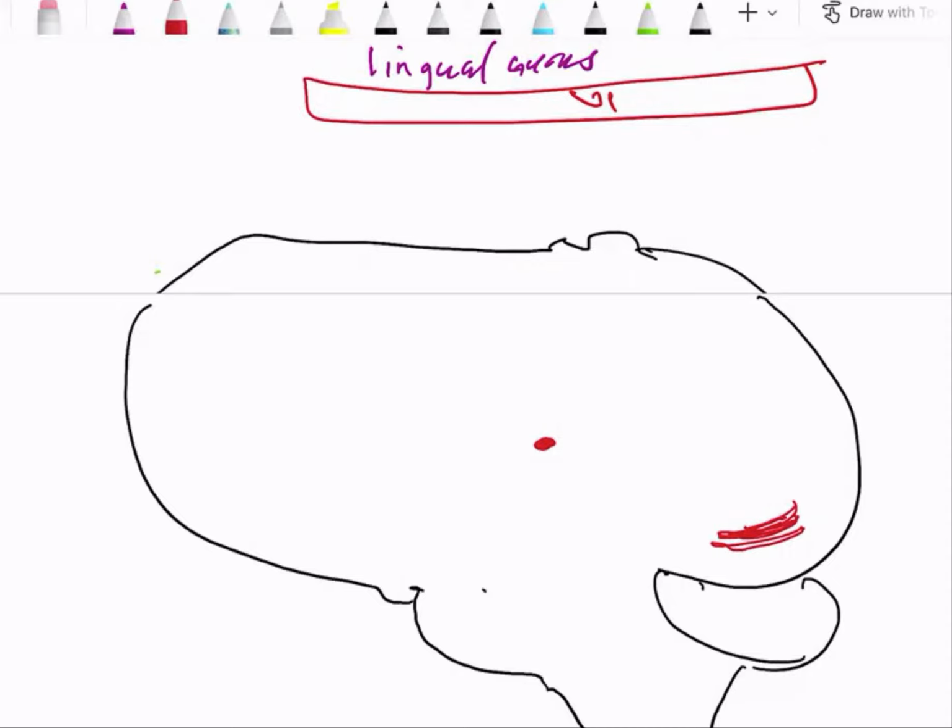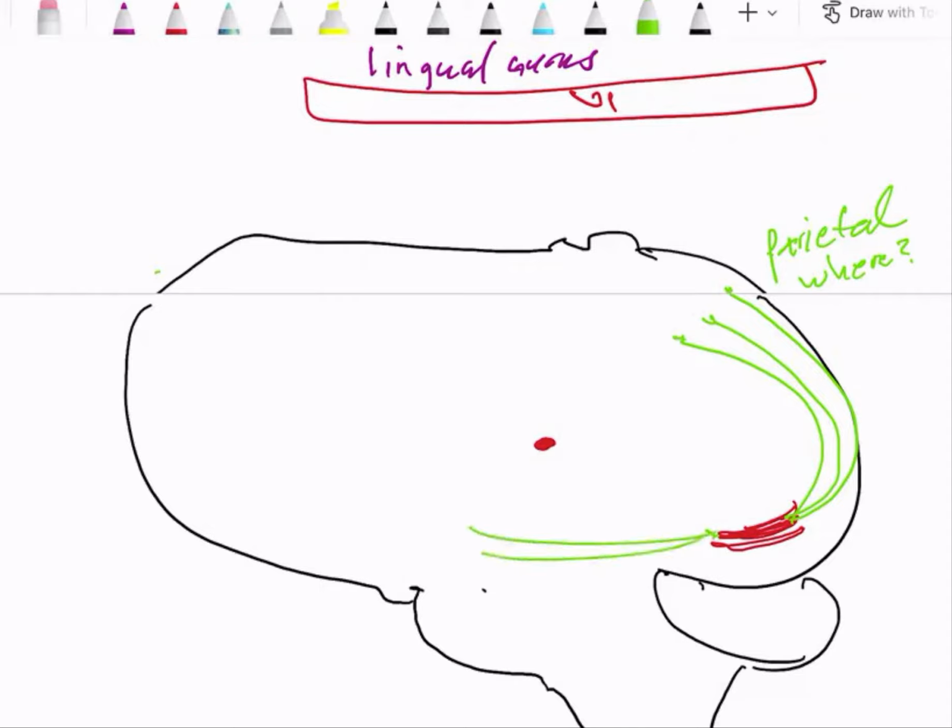These radiations will go into the dorsal way to the association cortex in the parietal lobe. This association cortex will figure out where, which is the spatial orientation and motion.